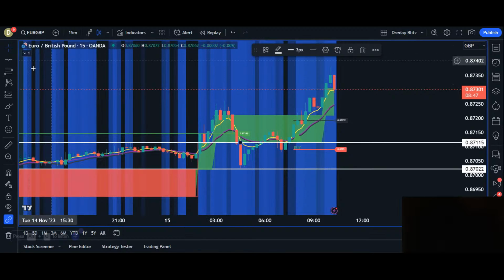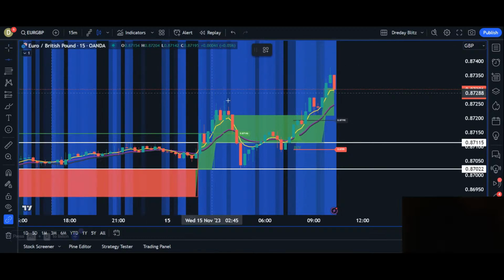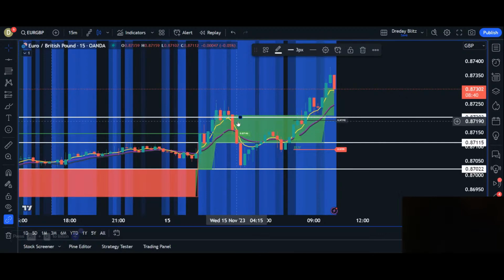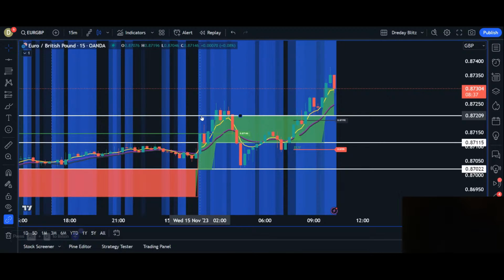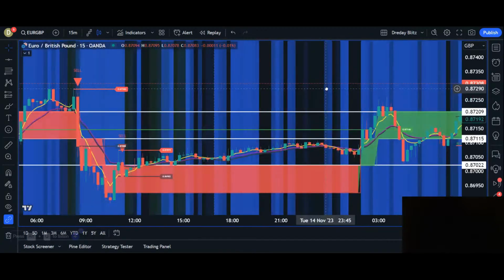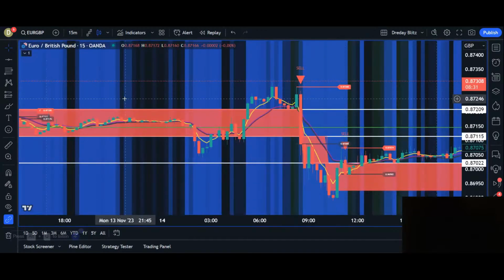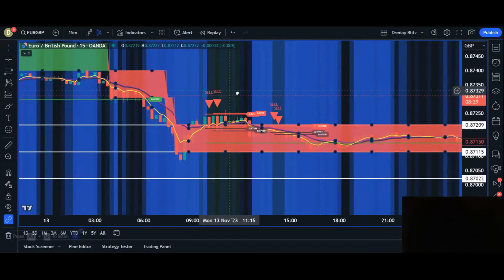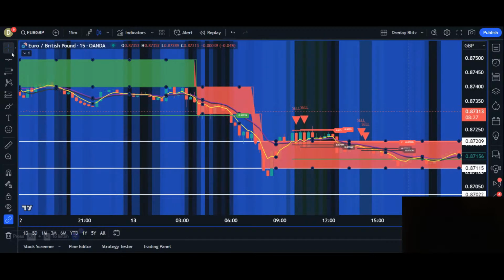Okay, so start here. When you got that signal, this Renko was not created yet, right? So what you need to do is go into the past and plot your Renko zone.